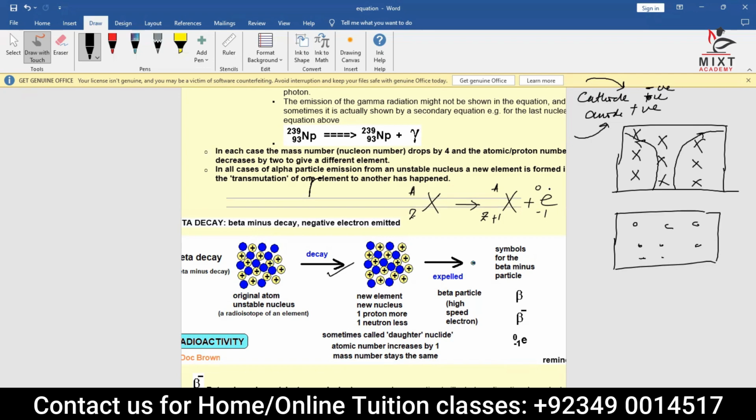So proton and electrons are same, while neutron will be one less than the protons. By the way, there is nothing called electrons in this whole discussion. We have just protons and neutrons here. Anyone have any question in this beta decay?